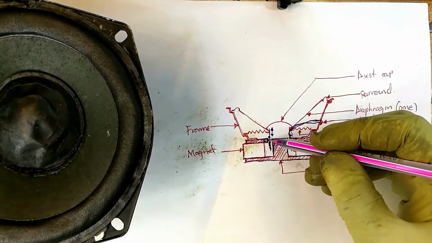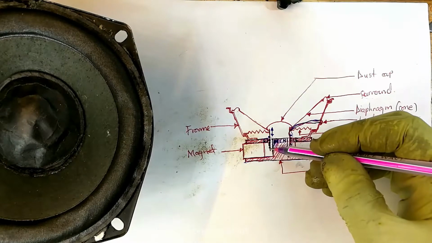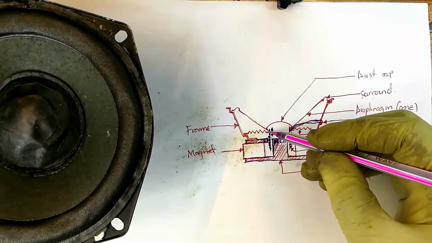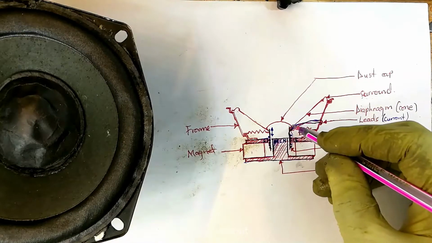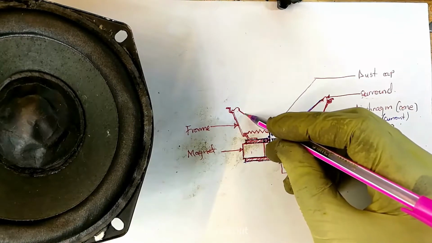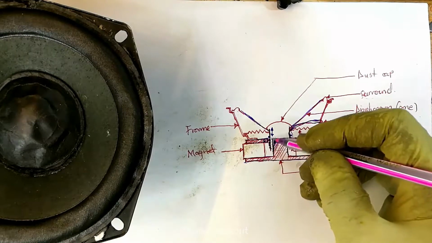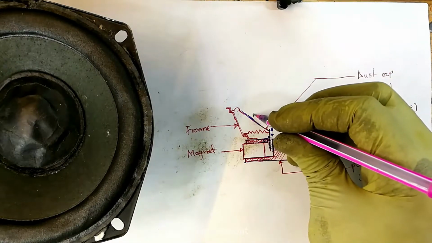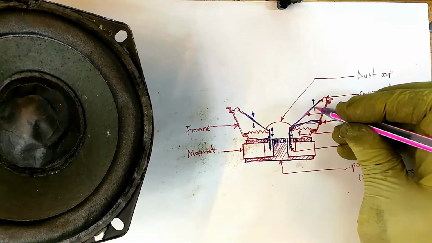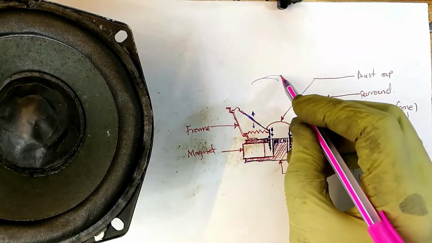Now when these coils try to move to and fro, they are restrained onto that shaft, and that shaft has the diaphragm right there mounted onto it. So when that shaft moves up and down, as a result of the coils moving up and down, it causes the diaphragm to move up and down, and then you get your sound waves.